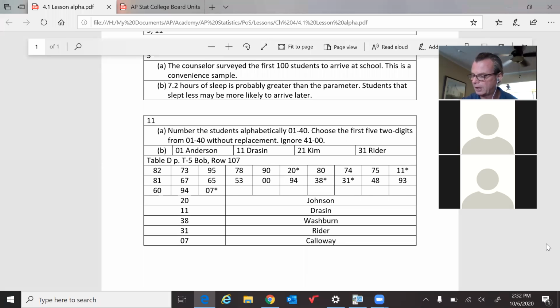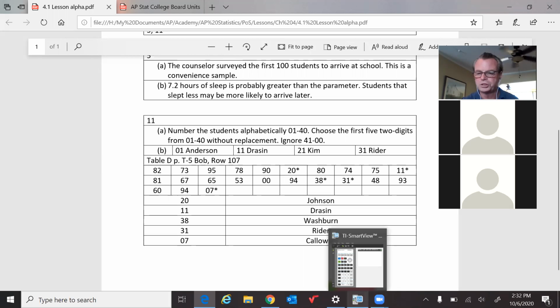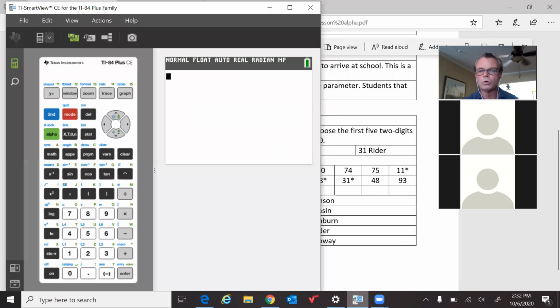So find your calculator. And before we go through the solution in the book using the table, we'll show you how to do it on the calculator. So there's 40 students to choose from. So we're going to literally assign them a number of 1 to 40.